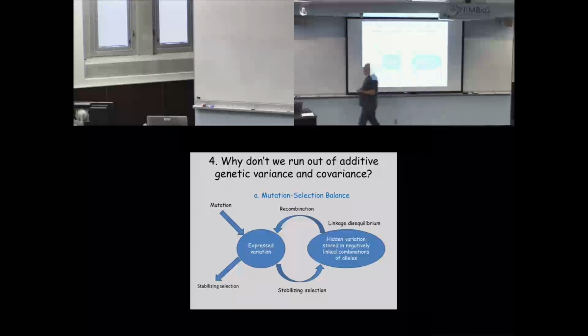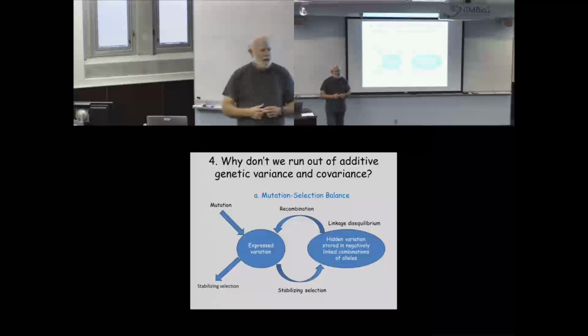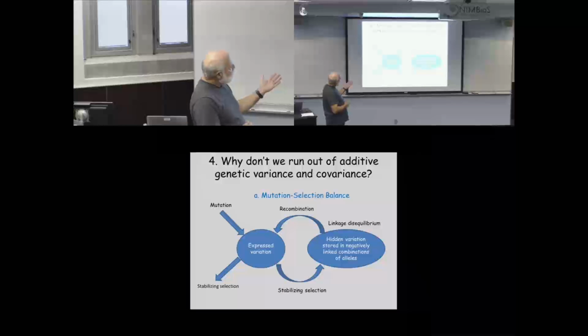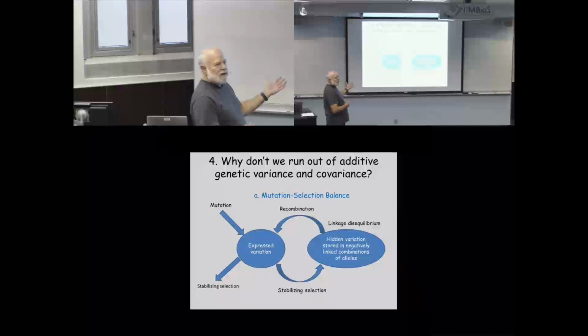Okay, so why is this important to us? Well, it's tremendously useful to imagine that the G matrix might be constant through evolutionary time. And this argument provides a theoretical framework for supposing that might be true.